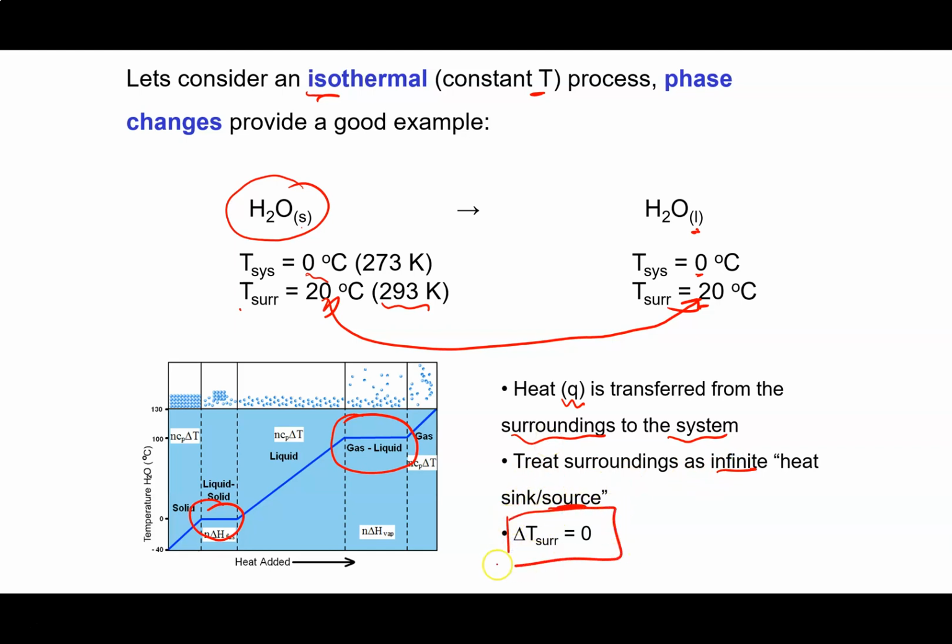That is, the temperature of the surroundings doesn't change, and neither does the temperature of our system. We can get away with treating the surroundings as an infinite source of heat in this case, because the surroundings are everything in the universe other than our tiny little ice cube. So it makes sense that we're really not going to change the temperature of all of that matter in this process.